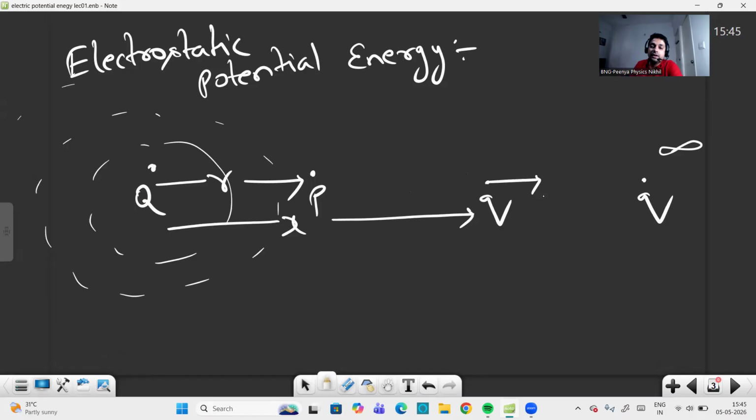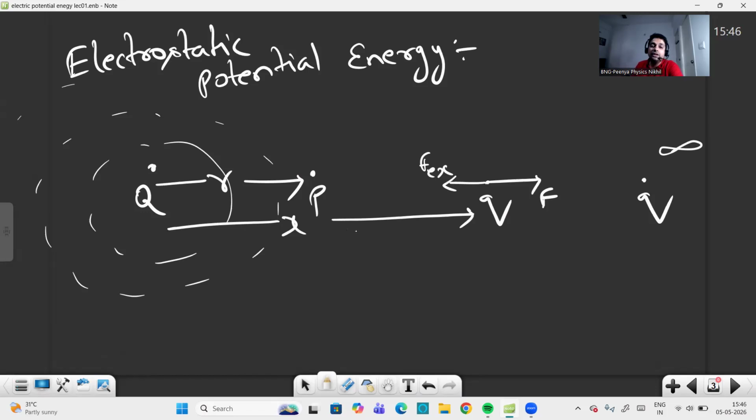The charge experiences the electrostatic force, and by applying an external force, we are able to bring this charge into the field. The amount of work done against the field of this charge is known as electrostatic potential energy.